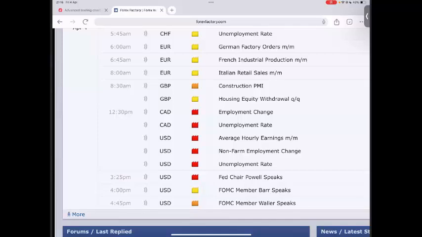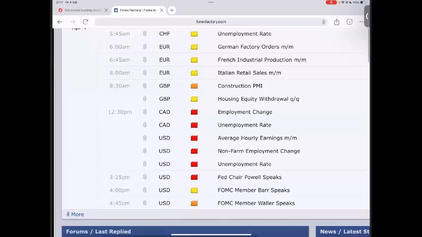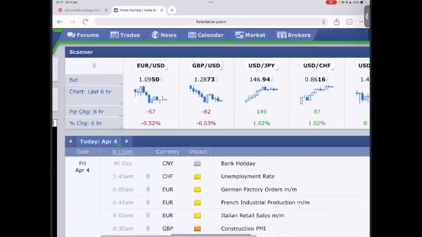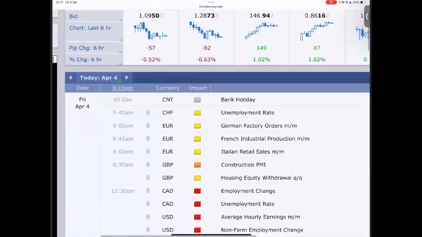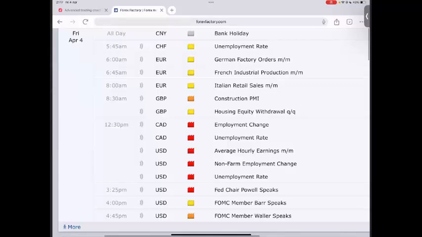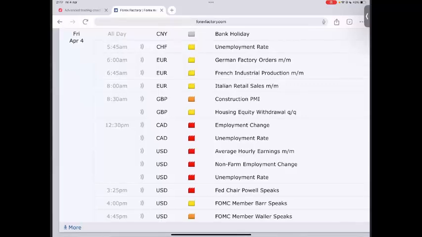Like if you noticed today, for most of you, there was a bearish move on the USD pairs. You can see here there was news by 12:30 p.m. If you check this in West African time, I think it'll be 1:30 p.m. You can see that there was a bearish move at 1:30 p.m. for the USD pairs.